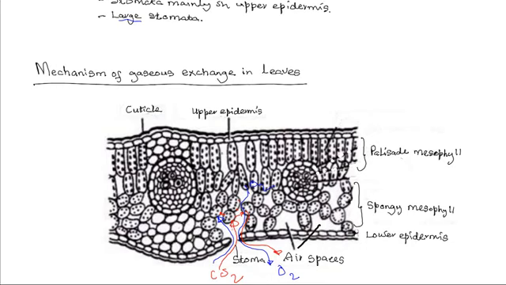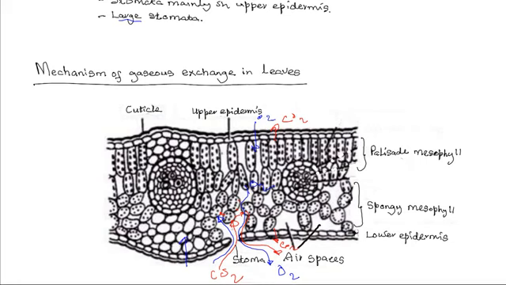Now usually it's not just through the stomata that these gases pass. Even through the epidermis, some gases will diffuse through the epidermis. But most of the gases diffuse into and out of the plant through the stoma.